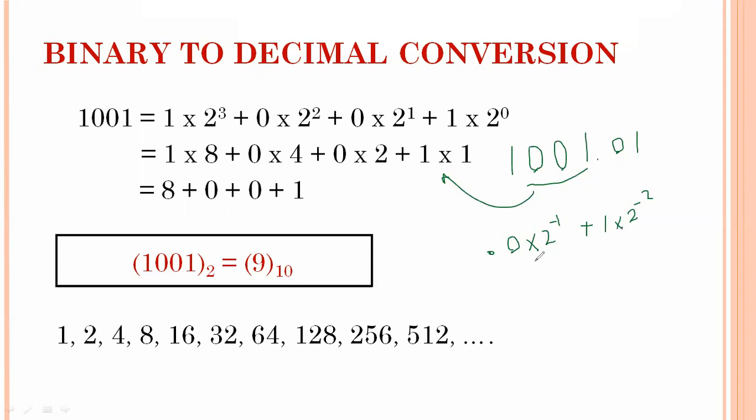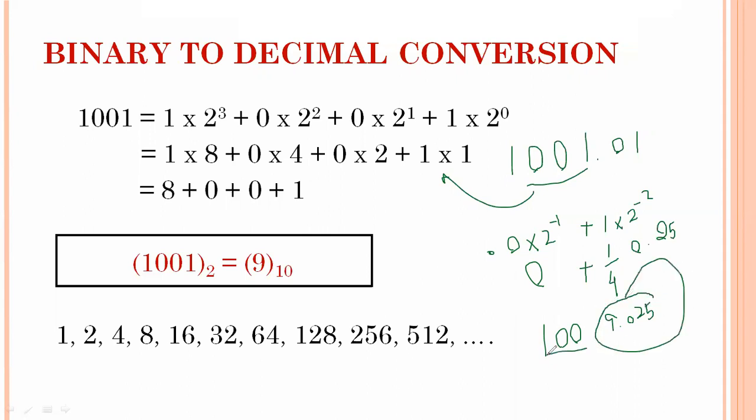So it becomes 0 plus 1 by 4, that is 0.25. Oh, sorry, the value will be 9.25. So this is the actual decimal value of this binary number. Clear?